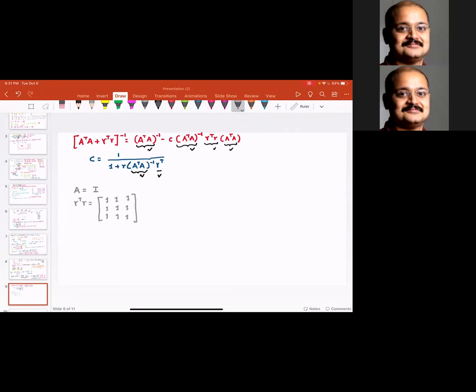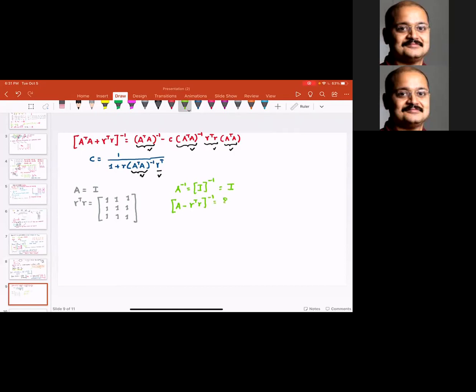So my A matrix is identity, and I know the inverse of the identity matrix is the identity matrix. But what I want to do is find out the inverse of A minus R transpose R.